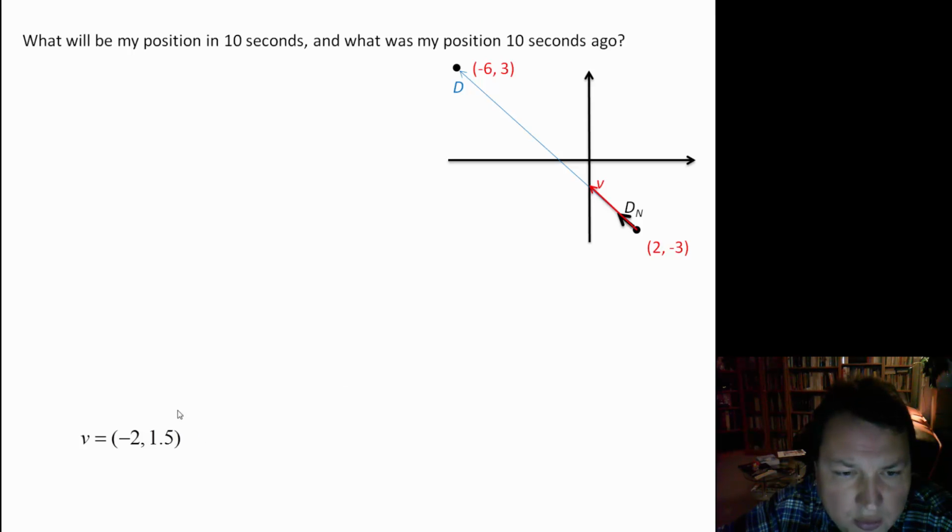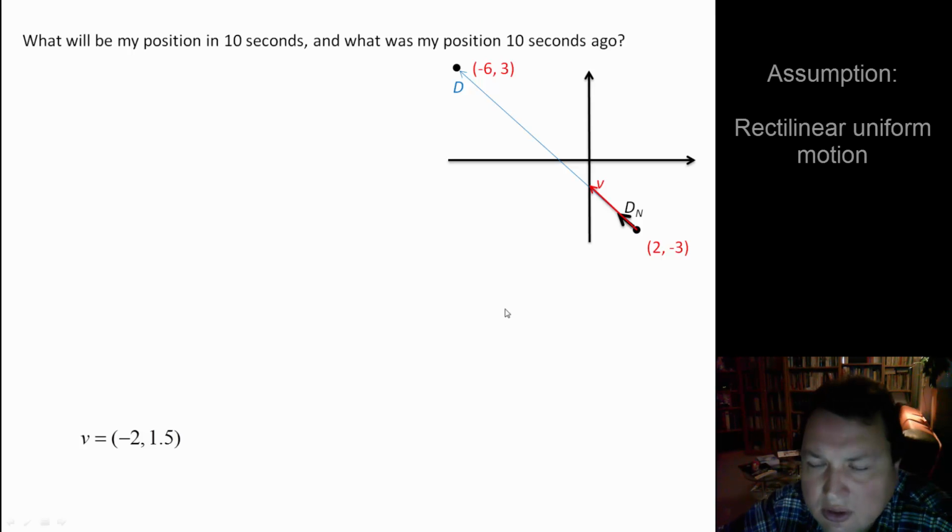Now I also know that my velocity vector is -2, 1.5. And the question is where I'm going to be in 10 seconds' time, and also where I used to be 10 seconds ago. The assumption here is that the motion goes along the same line, so I don't turn left, don't turn right.